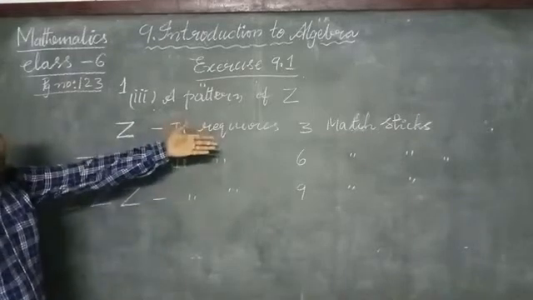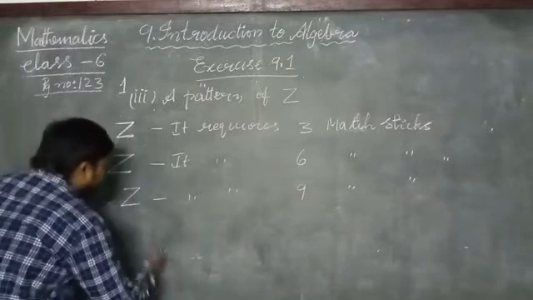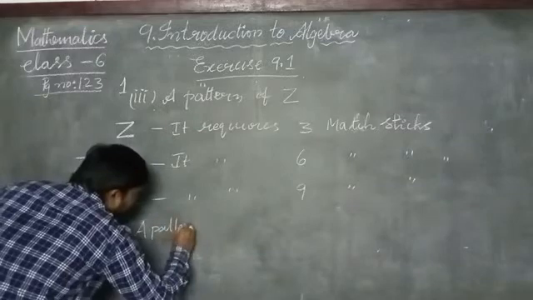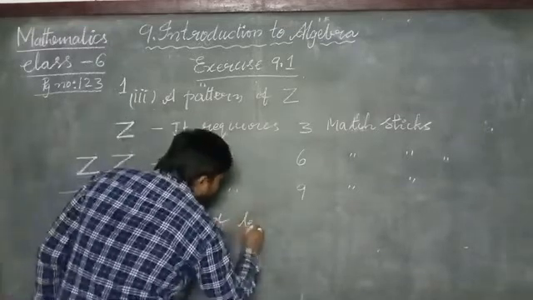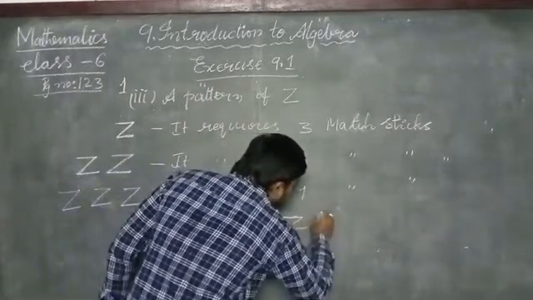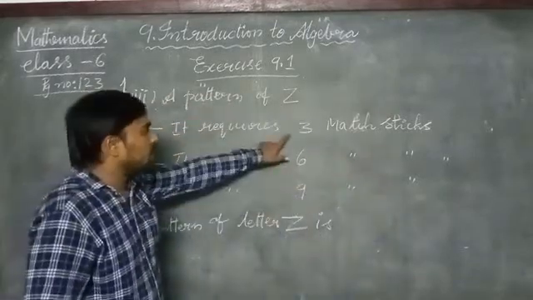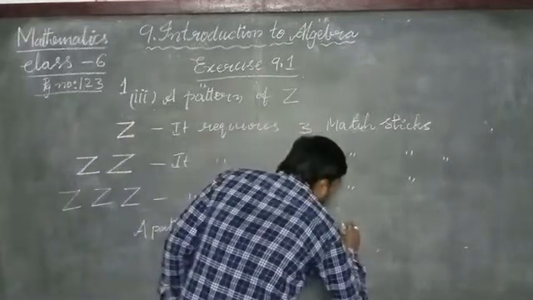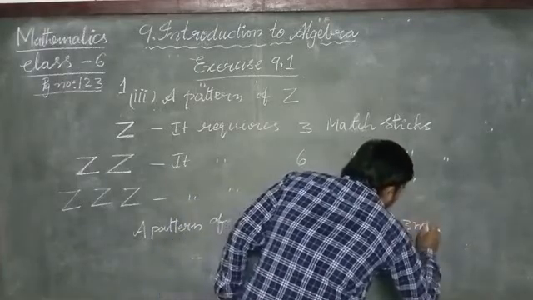By observing the number of matchsticks above, we can write the pattern of letter Z is 3m. Why? Because these are the multiples of 3. 3 into 1, 3 into 2 and 3 into 3. For that we can write the pattern 3 into m. It can be written as 3m.